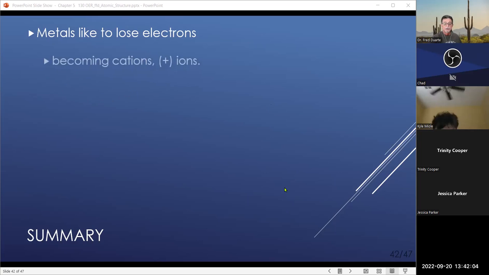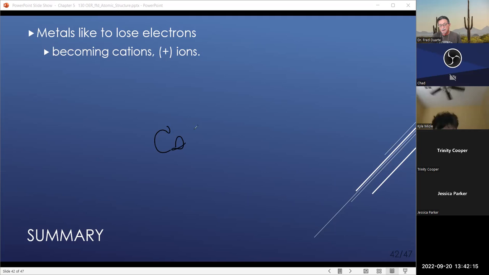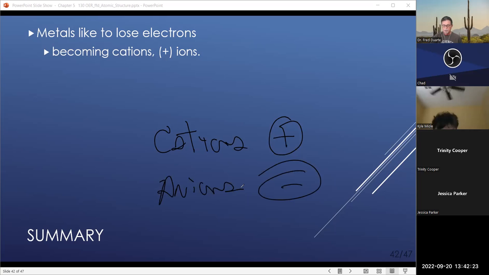Metals want to lose electrons, and we went through that, but their specific name is cations. Cations have a positive charge and anions have a negative charge, regardless of the magnitude of the charge. That's their specific name to distinguish.